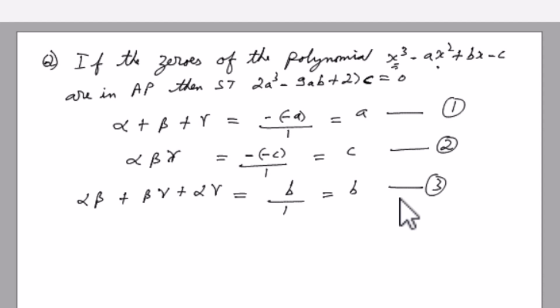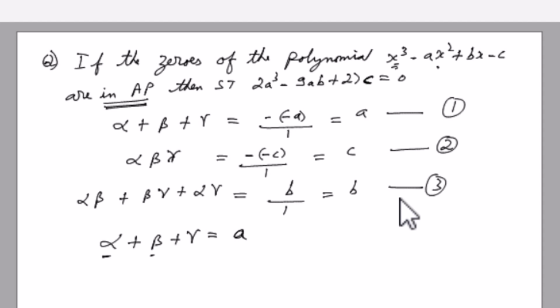It says, if the zeros are in arithmetic progression. So if the zeros are in arithmetic progression, then equation 1, alpha plus beta plus gamma equal to a, can also be written as follows. Let's assume the difference between alpha and beta is d.